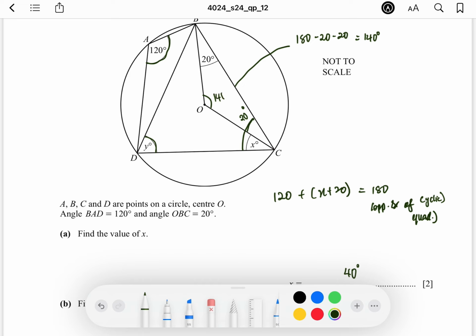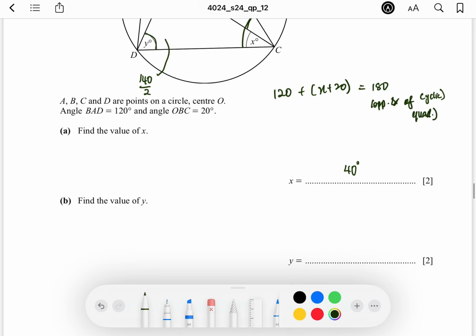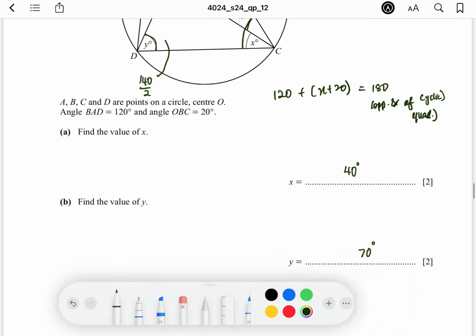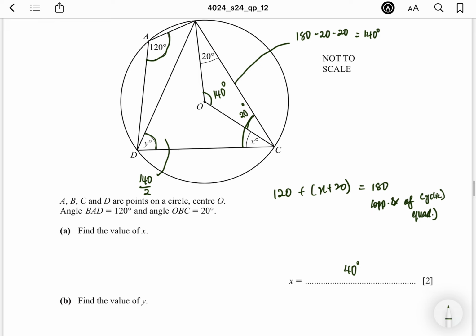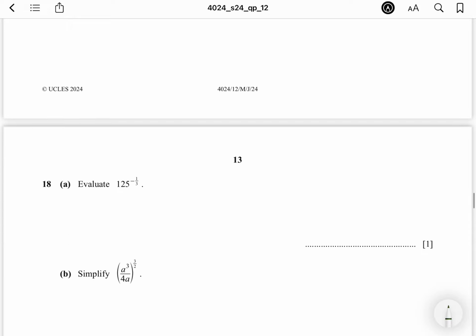So 140 di sini, that means y is 140 divided by 2, which is equals to 70. Okay. Now makin nampak properties makin biasa sudah, can identify the property. So the more you do it, the easier that it gets.